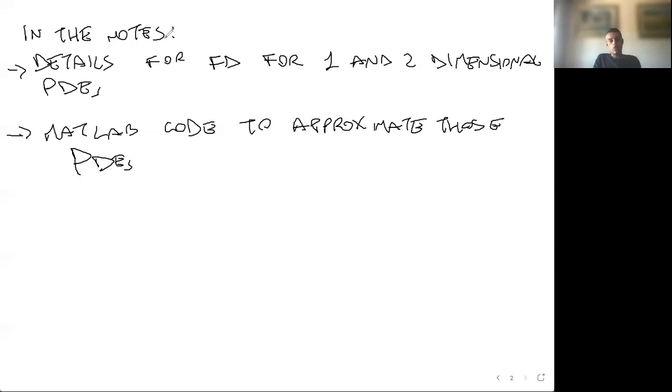I suggest you also take a look at the notes, and in particular at the code. This is a simple cut and paste of what is written. We probably have to add a few things, but you should already be able to run the simulations.